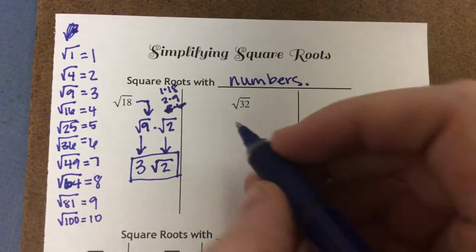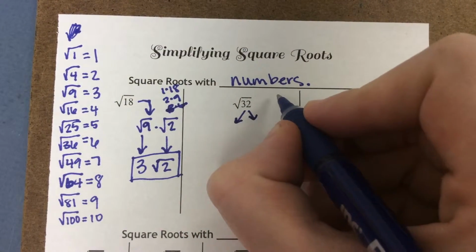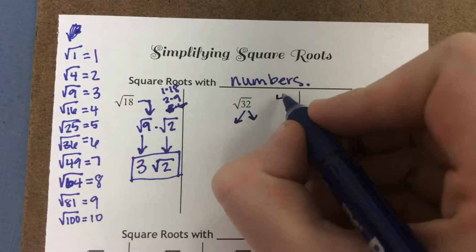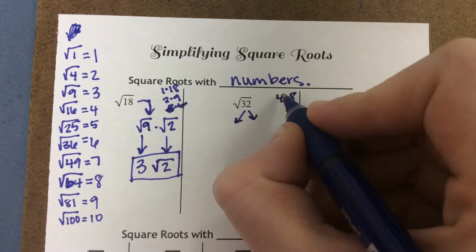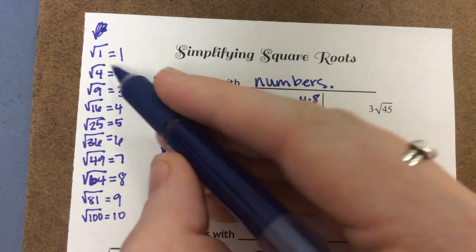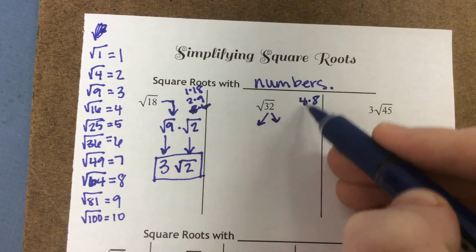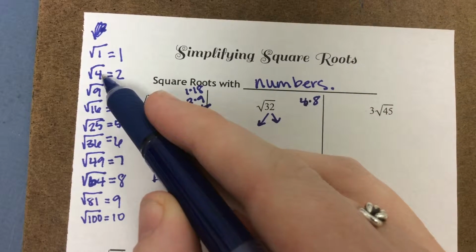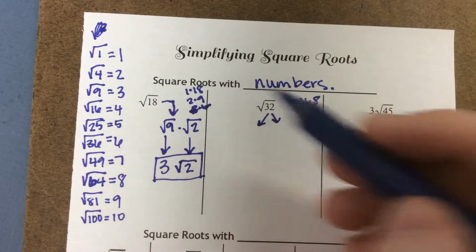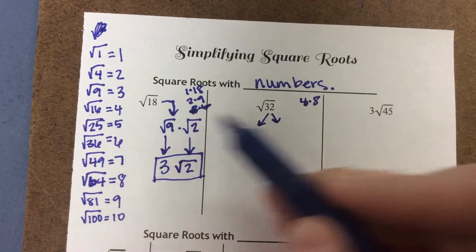So let's try this one, the square root of 32. You can break 32 up into 4 times 8. You can take the square root of 4, so we could use that. You want to look for the biggest perfect square that goes into that 32. So 4 goes into 32, and 4 is a perfect square, so we could use that one. But that means we would have to simplify it a little bit further. 16 goes into 32.